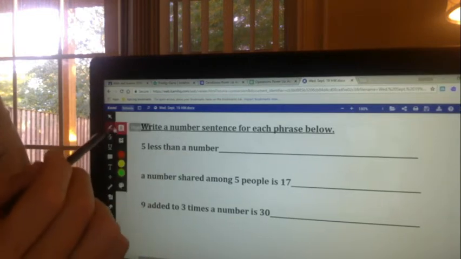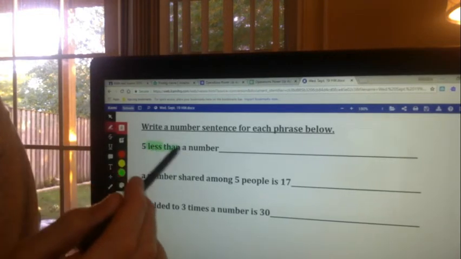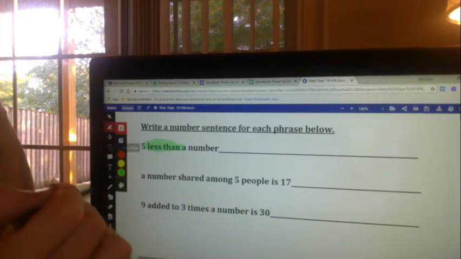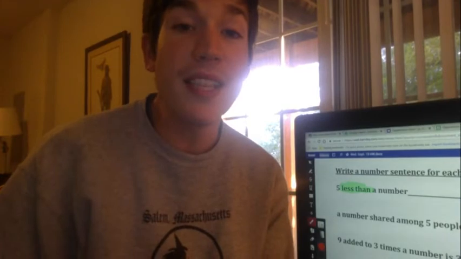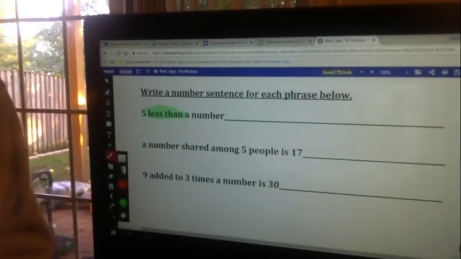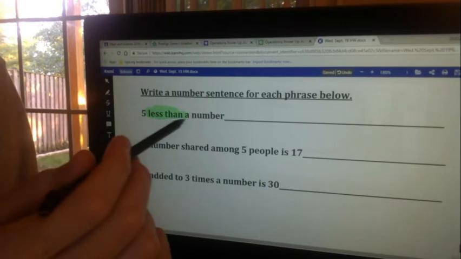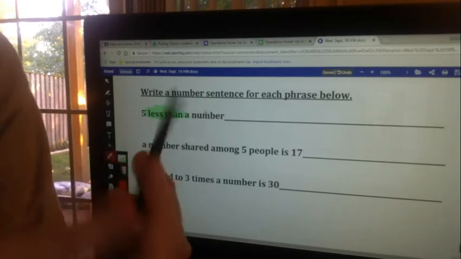Now these words, less than, have a meaning, and you find those right on your keyword sheet. When we see that word less, we're thinking subtracting. Less than, you're losing some, you're subtracting. Now this is a little misleading because it says 5 less than a number. Well, what's a number?